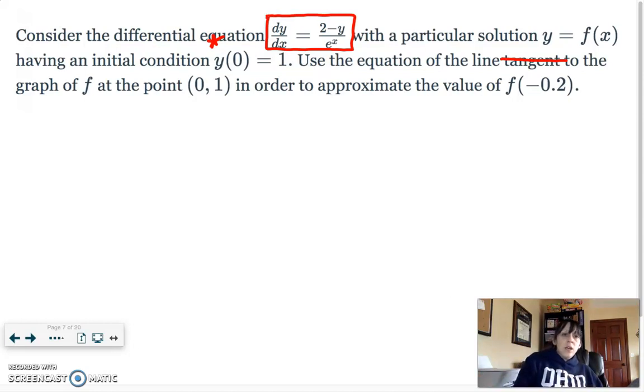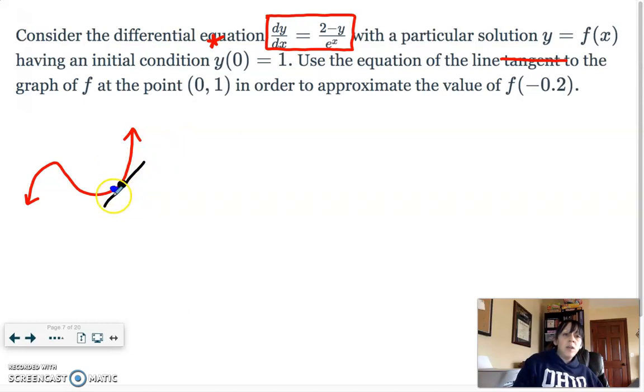Okay, so essentially, I'm going to draw you a really bad picture, but let's say we have this curve, okay? And we know we're trying to find the slope of the tangent line, let's say here. You get the point. And so I want to use this tangent line to find an approximate value for something that is really close to that point.